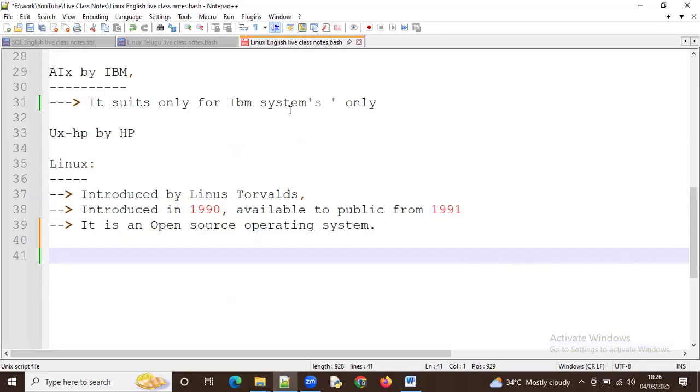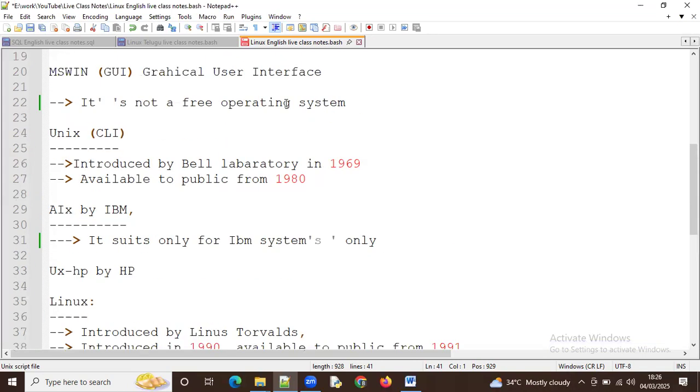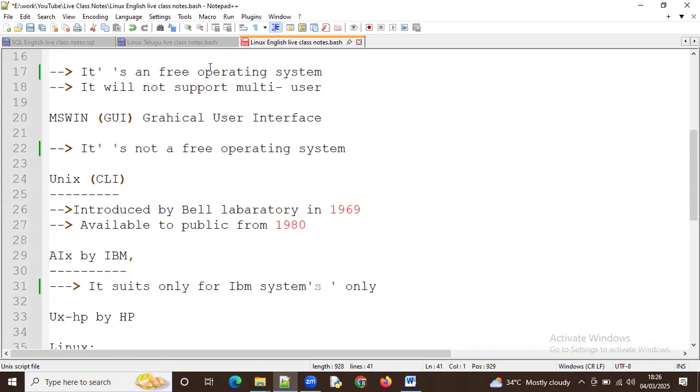So that's why Linus Torvalds developed one OS called Linux in 1990, and it was available to the public from 1991. He developed that Linux operating system because the previous operating systems are not free.